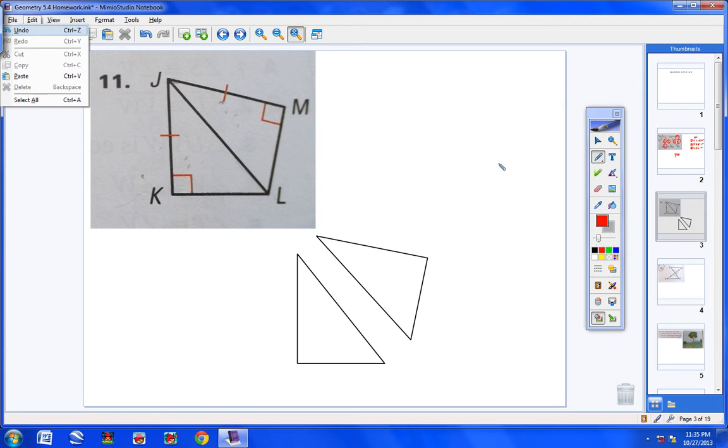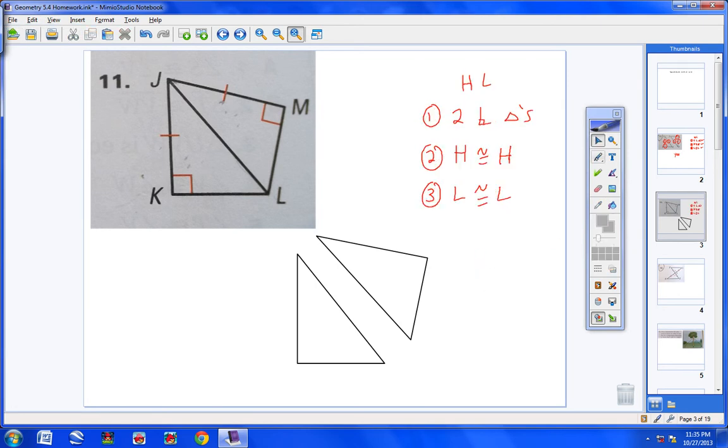First of all, we need to have two right triangles, and we do. Here's a right angle and here's a right angle. So yes, we have two right triangles. We need to have a hypotenuse congruent to a hypotenuse. Well, look, here's your hypotenuse right here. Notice both of these triangles share JL, so we can definitely say that this side here is congruent to this side here. So check. And do we have a leg congruent to a leg?